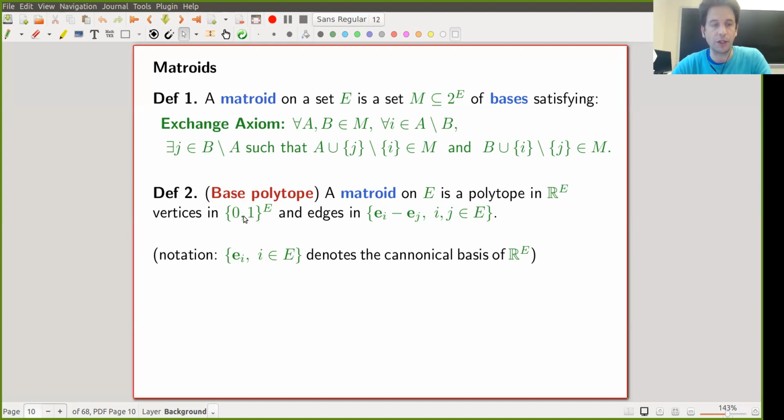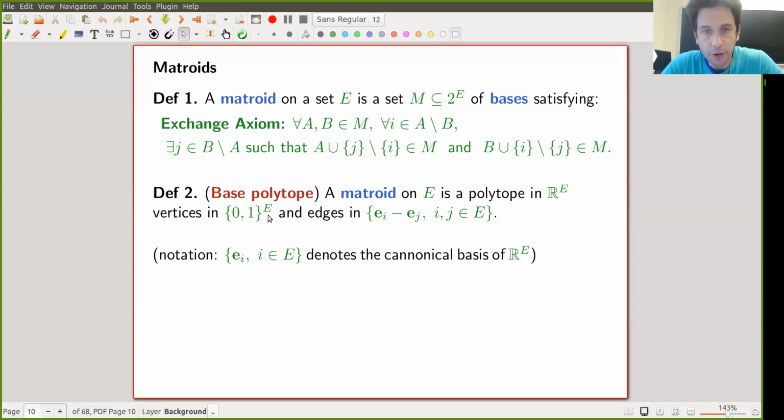I'm just looking at the incidence vectors of these sets. So let's take this perspective: I'm looking at my bases, and now I think of them as points in {0,1}^E.